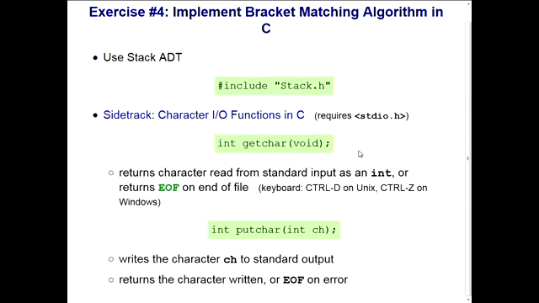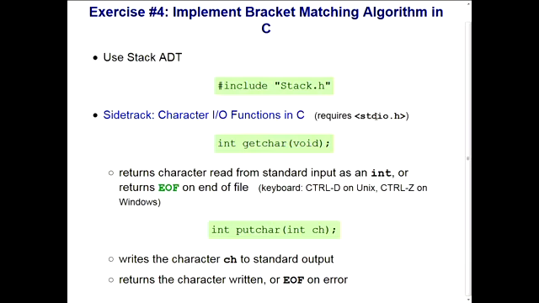What we would also need is to handle the stream of characters as input. And for this, I'm going to show you as a quick sidetrack how we do that in C. This requires standard I/O, which we've already used last week, to print strings, characters, numbers.